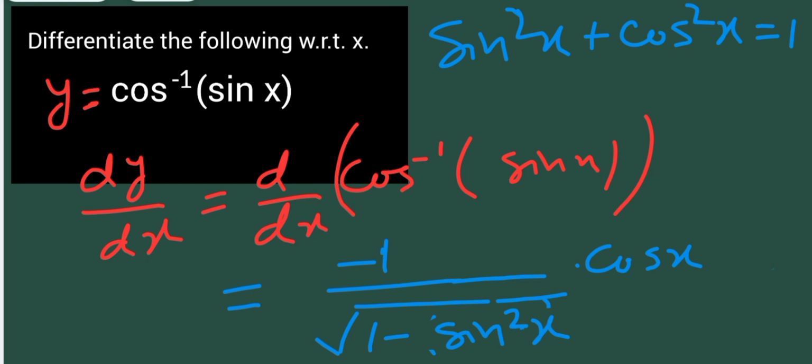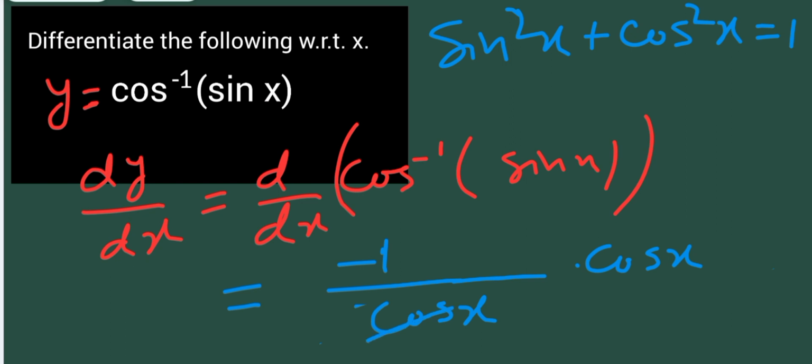Okay, so using this I can write 1 minus sin square x as cos square x. Root over cos square x is nothing but cos x. So this will finally become cos x.